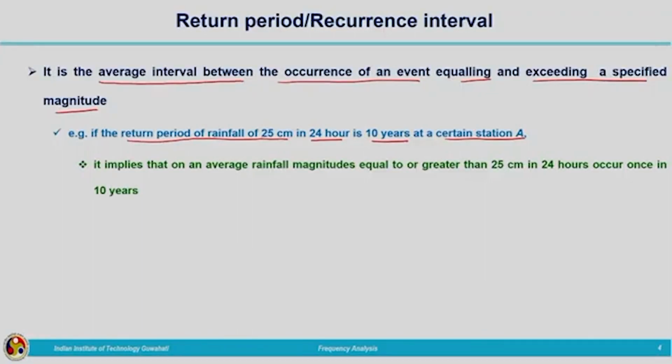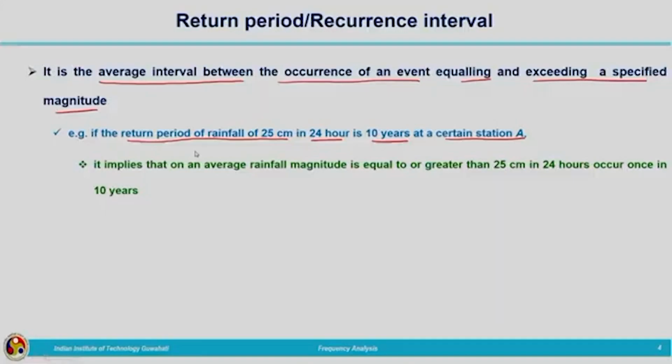That is, the daily rainfall considered is 25 centimeter, and we say that the return period is 10 years.